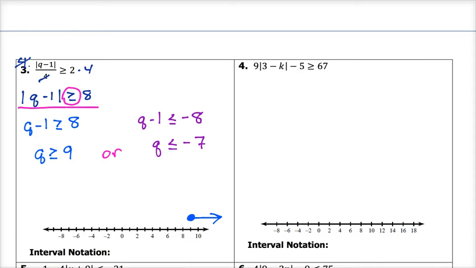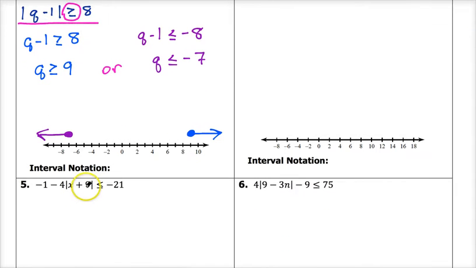I'll have another solid dot on negative 7, and we're going to the left, all the values less than negative 7. So the interval notation will look like this. Using a bracket to close both my negative 7 and my positive 9.